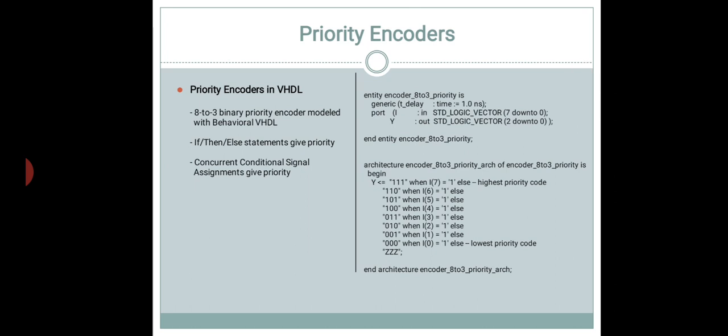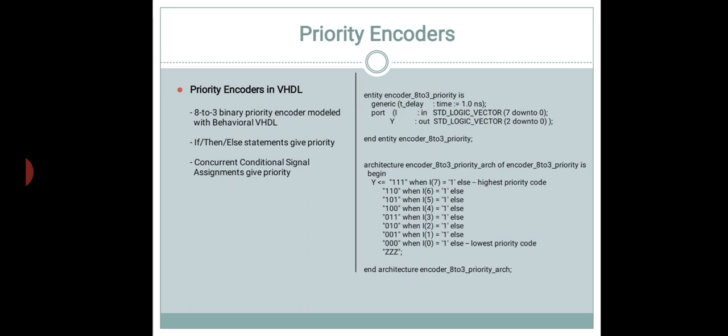using VHDL code. Here we have written the VHDL code by using the concurrent when-else statement. So y gets the value 1 1 1 when the I7 bit is 1, whatever the remaining bits may be. When the I6 bit is 1, the output gets the value 1 1 0.